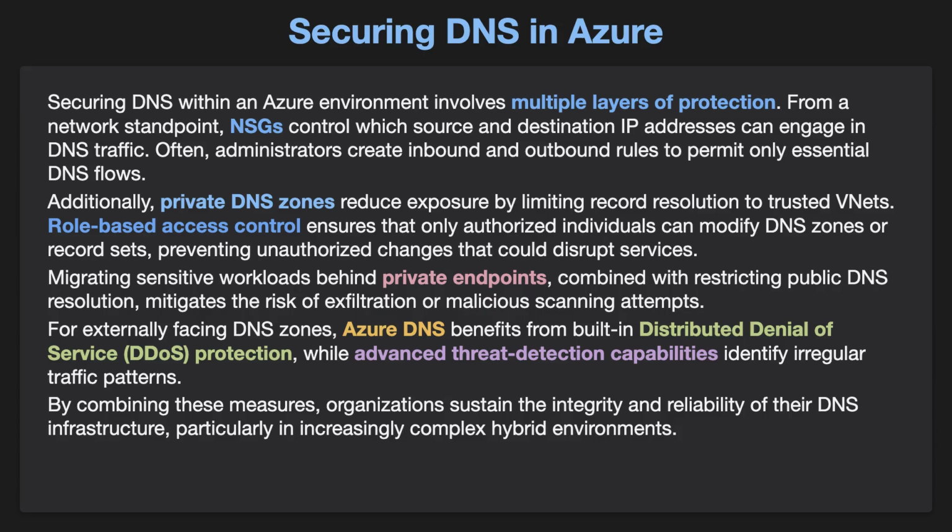For externally facing DNS zones, Azure DNS benefits from built-in distributed denial of service (DDoS) protection, while advanced threat detection capabilities identify irregular traffic patterns. By combining these measures, organizations sustain the integrity and reliability of their DNS infrastructure, particularly in increasingly complex hybrid environments.